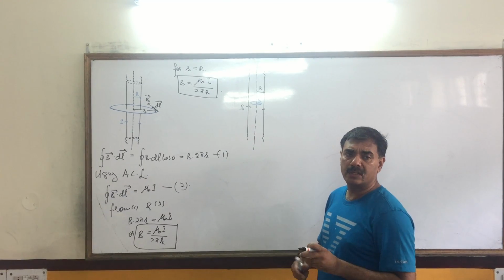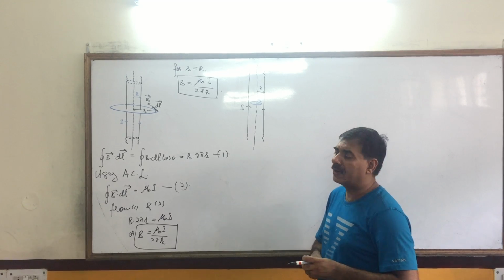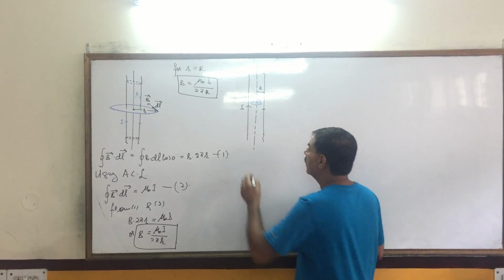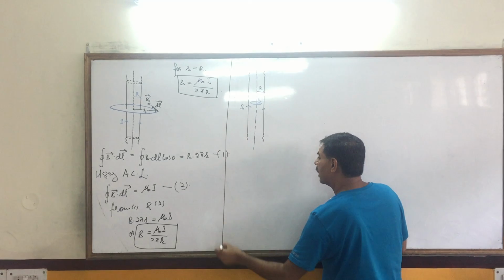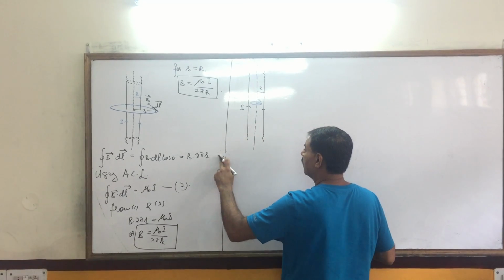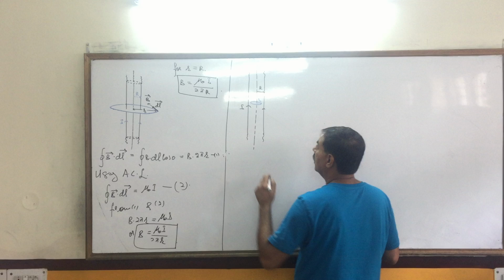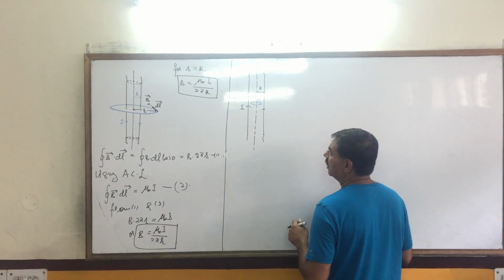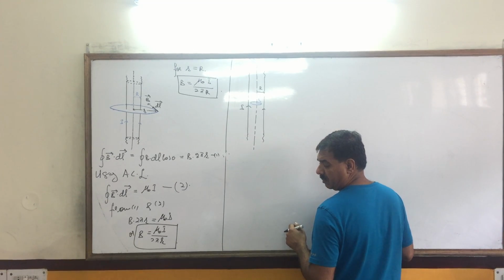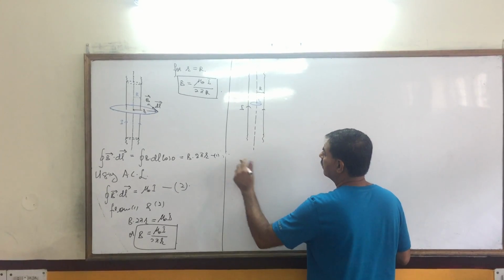Clearly, a closed path of radius r less than R does not thread any current.